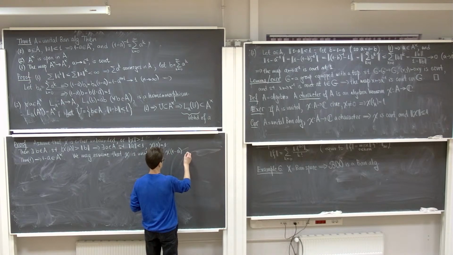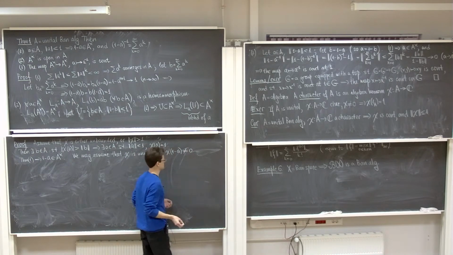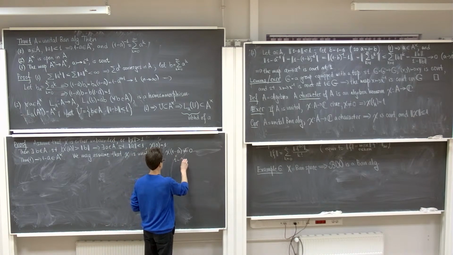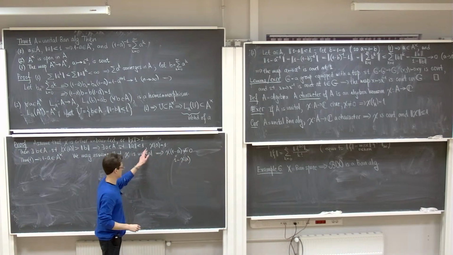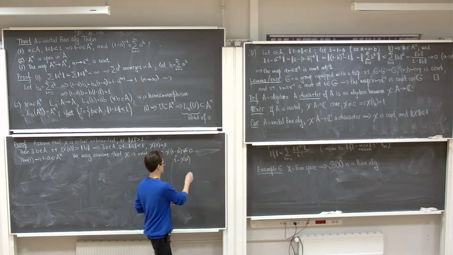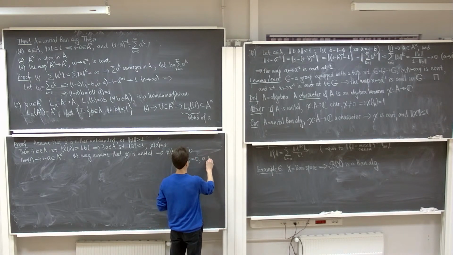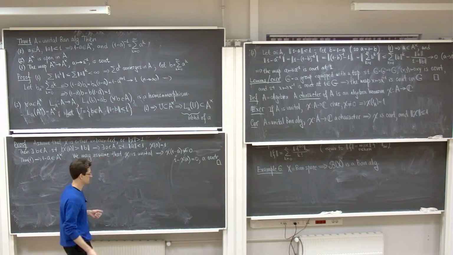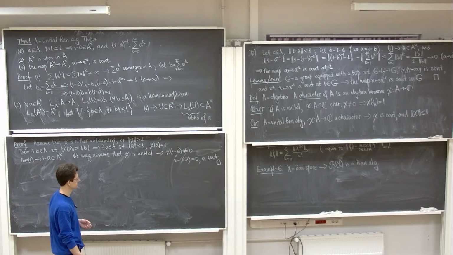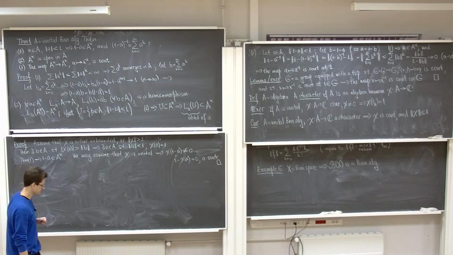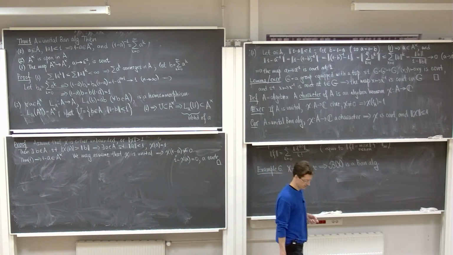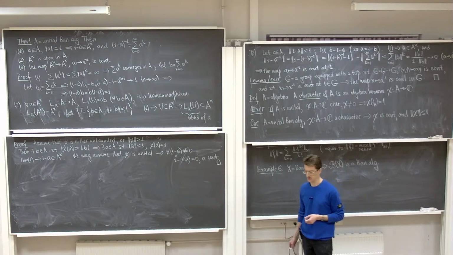So this element is invertible, so it is a non-zero complex number. But what is this? This is 1 minus chi of a. And 1 minus chi of a is 0. And this is a contradiction. And this contradiction shows that chi is actually bounded and the norm of chi is less than or equal to 1.